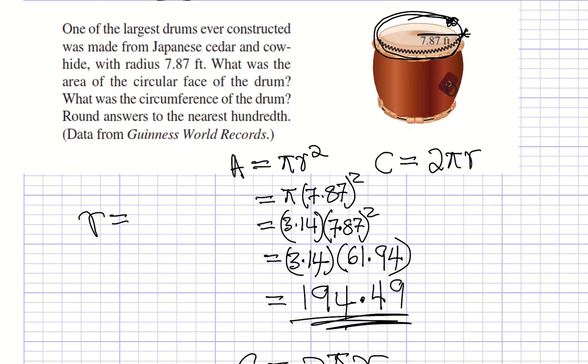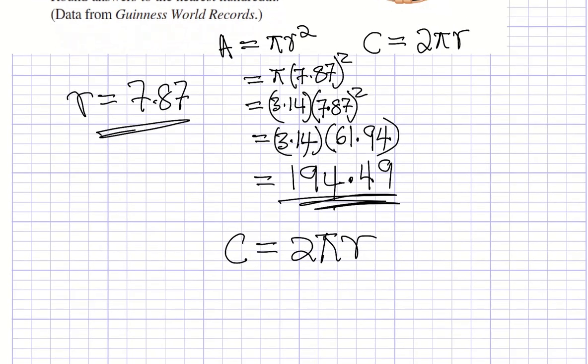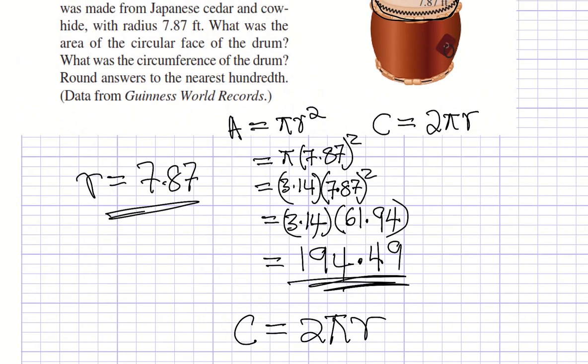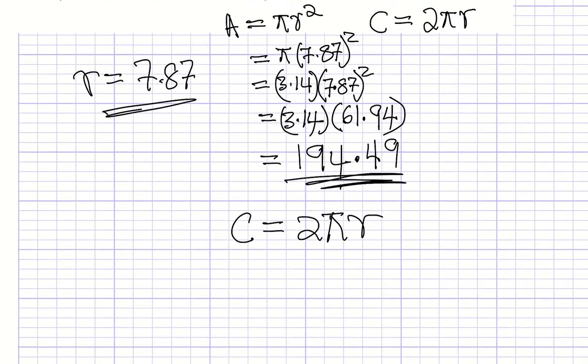R is given as 7.87. So what they want us to do is find the circumference of the drum. So you say 2 times 3.14 times the radius, 7.87. That's all.